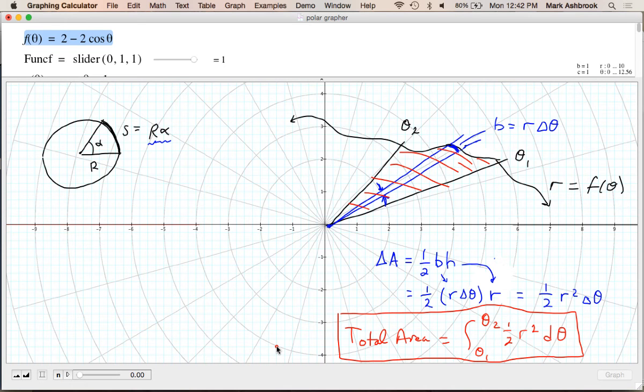So we're going to sum up all the triangular slivers, and you have to think of them as sweeping out from the lowest value of theta, sweeping counterclockwise to the highest value of theta. And we're going to sum up all the areas of those little sliver triangles. And that's what the integral does, right?